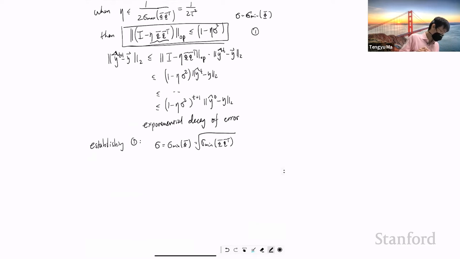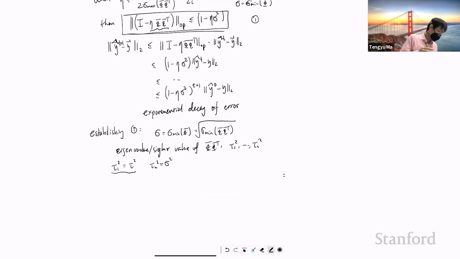So one way to think about this is that if you look at either the eigenvalue or singular value, because this is a PSD matrix it doesn't matter, of phi transpose phi, then suppose the eigenvalues are tau 1 square up to tau n square. Then tau 1 square equals tau square, that's my definition of the sigma max, and tau n square is sigma square, my definition of the sigma min.